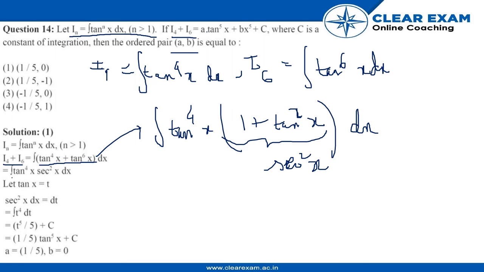Now we will simply take tan x as t, and the given equation will be transformed into sec square x dx equal to dt.